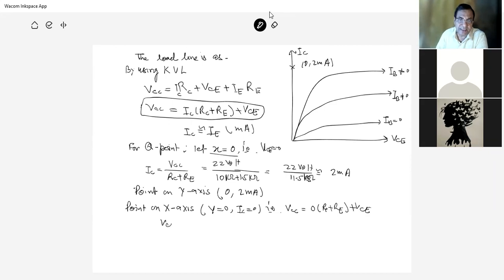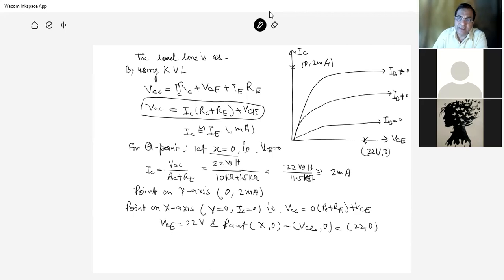So this VCE is equal to 22 volt, and the point is 22, 0.